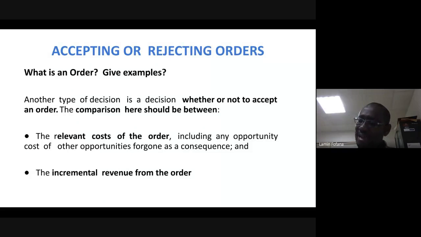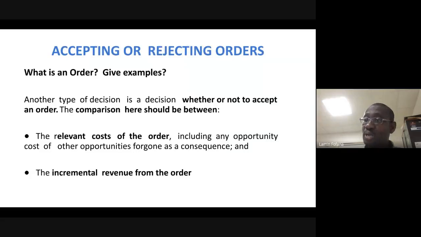Once you sign an agreement with a civil work engineering company, let's say you're supposed to pay them 2 million. That 2 million cannot be used for any other thing because you already have a contractual agreement with them. So that 2 million is a committed cost. That's what is meant by committed cost.